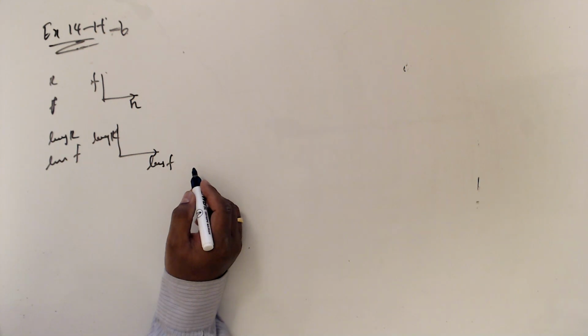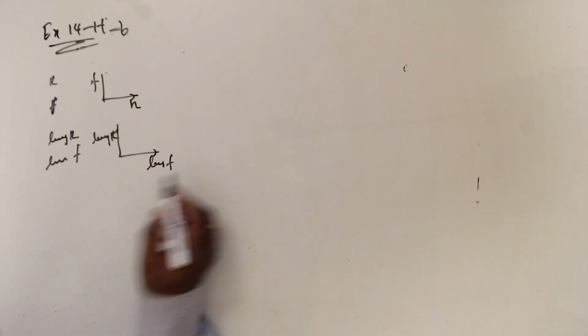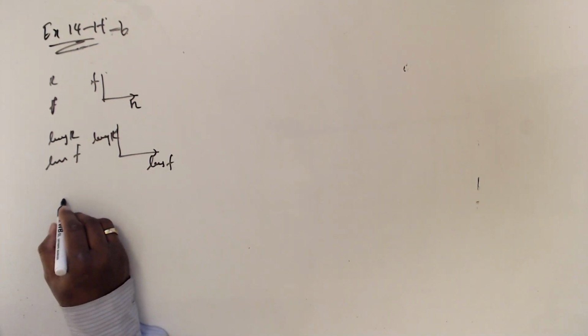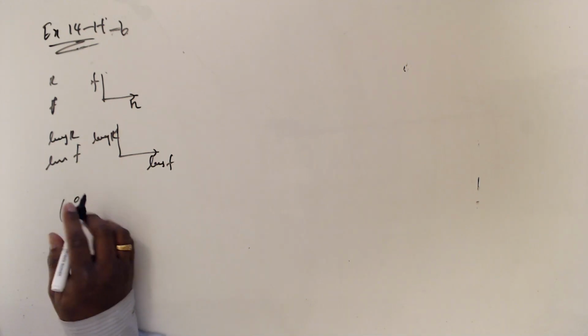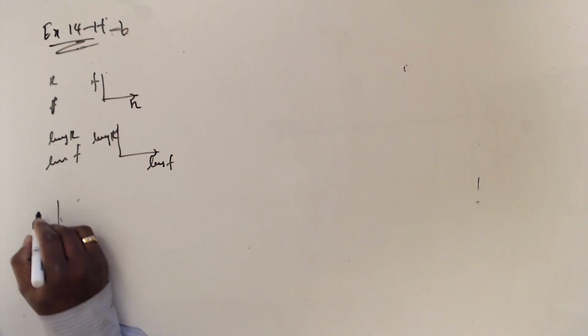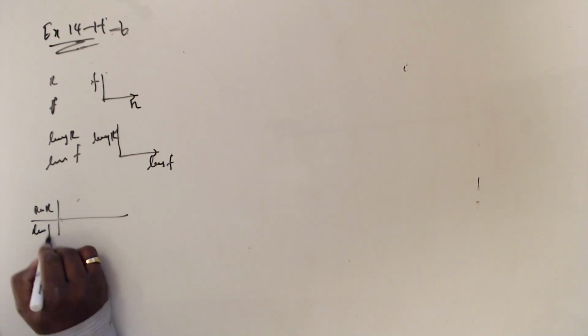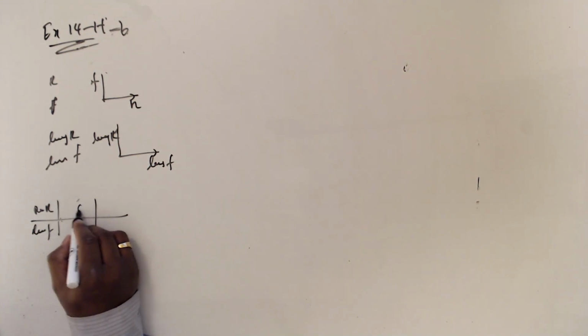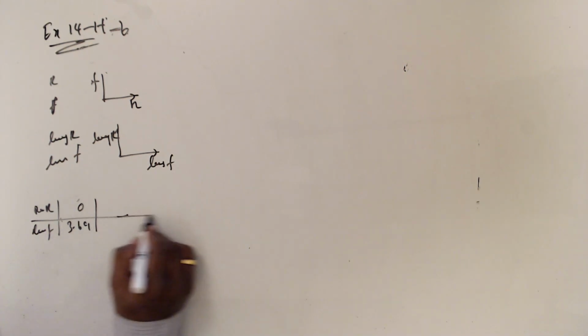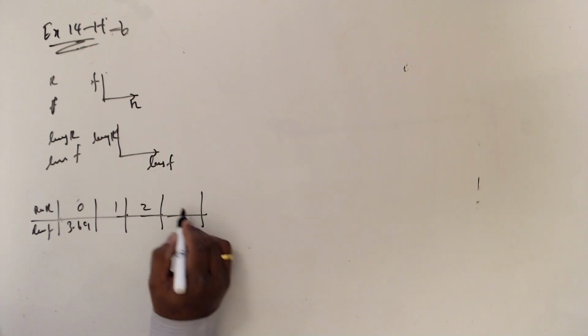Then I want to find the log values of 861, 92, and 9. So I want to find those values. So 0, log R, log F: this is 0, 3.69 is given, and 1, 2, and 3.